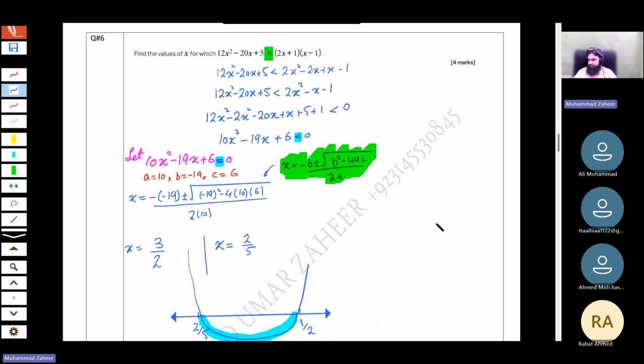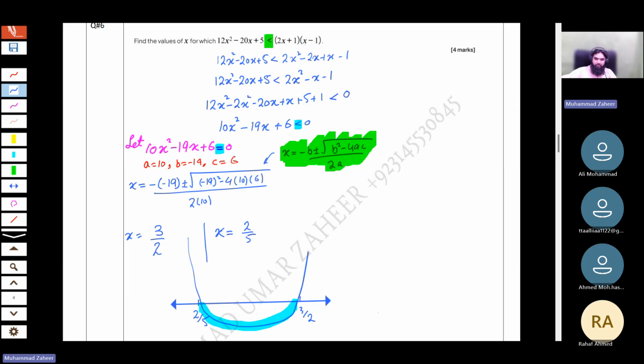Yes, all of you, please note down how we are going to solve the quadratic inequality.